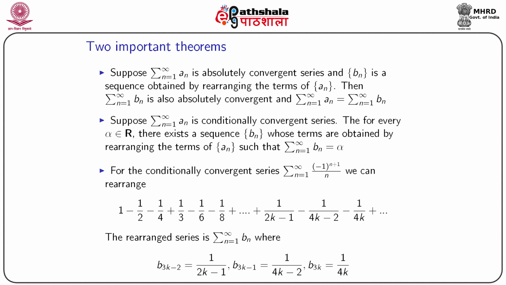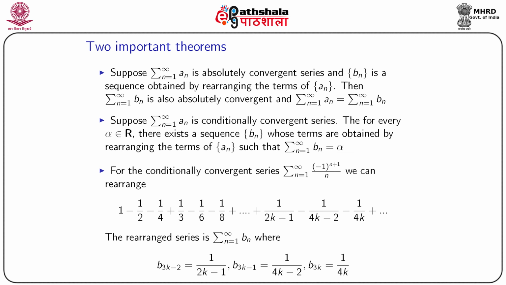Suppose the sum over an from 1 to infinity is an absolutely convergent series and Bn is a sequence obtained by rearranging the terms of the sequence an. So an is my previous sequence and we are making a new sequence by rearranging the terms. Then the sum over Bn is also absolutely convergent.